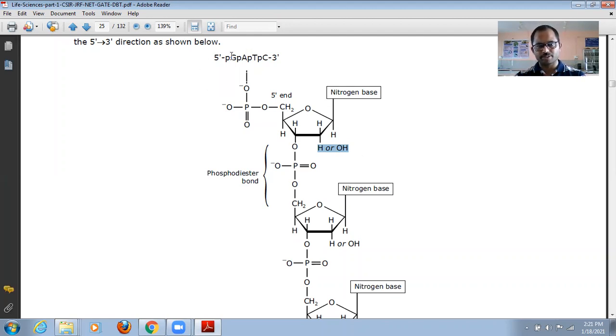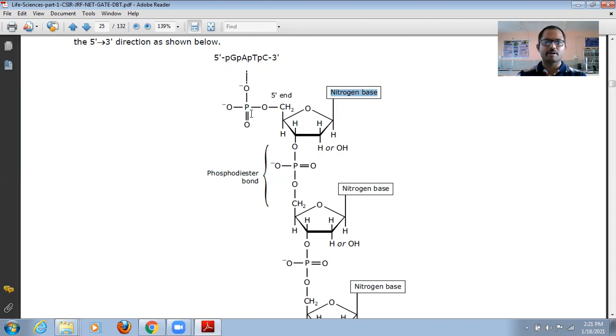On your screen you can see a figure of how a DNA strand is made up. But just for this part of the diagram, try to understand the structure of nucleotides. Nucleotides are made up of three components: the first is the nitrogenous base, then the ribose sugar and the phosphate group.